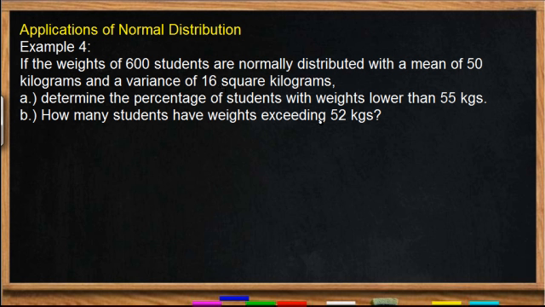So what is given is mu equal to 50 and variance. Take note, variance is sigma squared, 16 square kilograms. So variance is 16, and therefore what is sigma? The square root of that is 4. So the spread is 4 and the mean is 50.